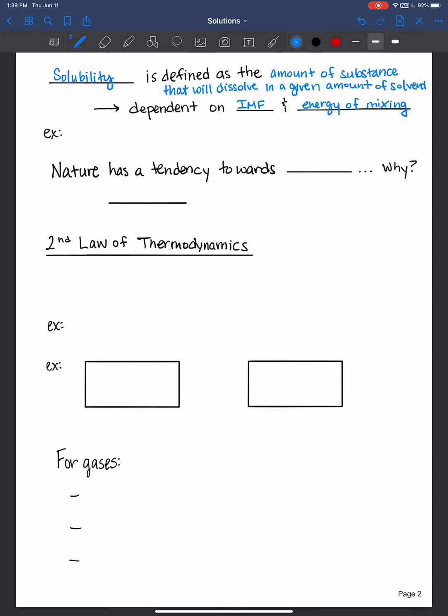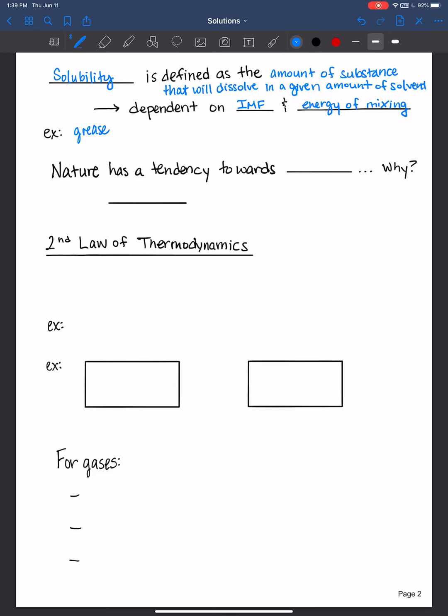All right, so when we're talking about solubility, things that mix, things that go into solution, we now know it's dependent on intermolecular forces and this energy of mixing, which I'll discuss in a little bit. Now, an example that you may think about, everyday example, it's like grease.